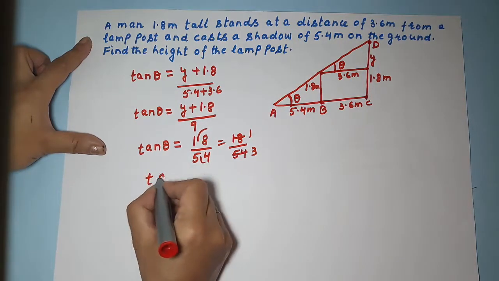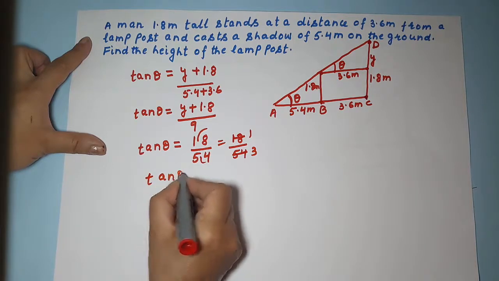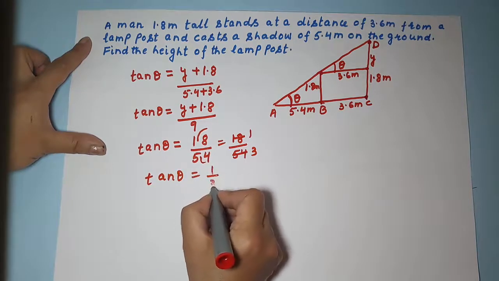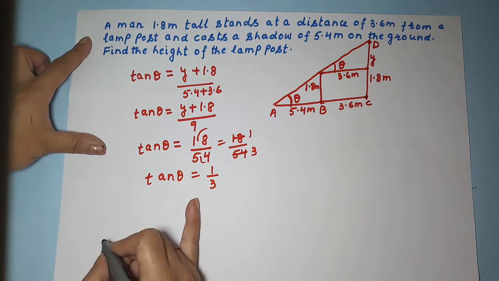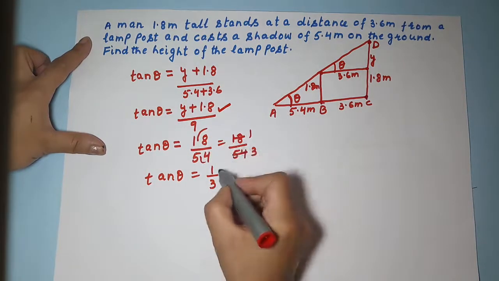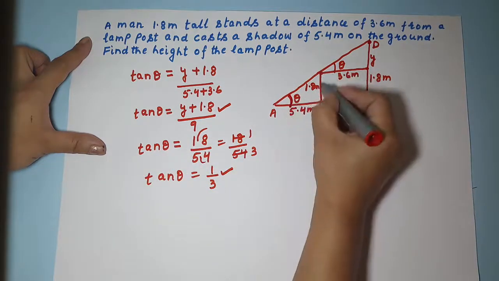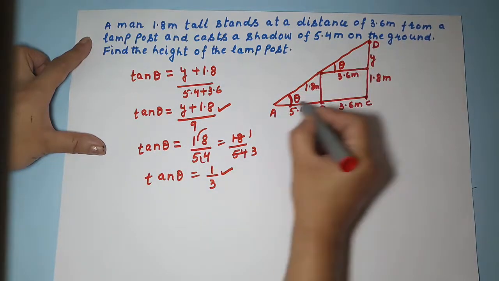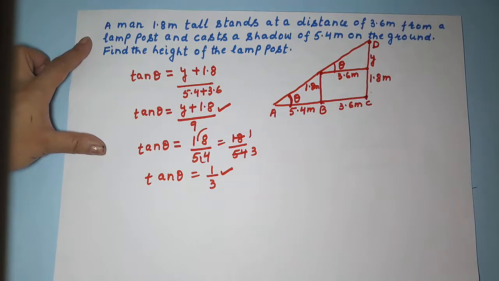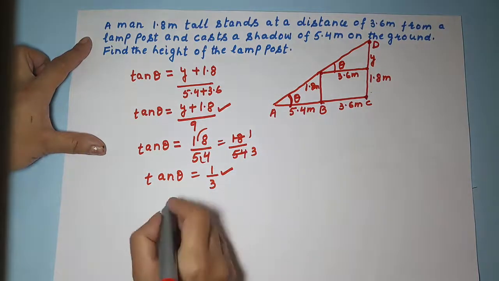So I got the value of tan theta here as 1 by 3. Now this is also my tan theta, since this small triangle and the big triangle are similar to each other. That is why I can compare these two.